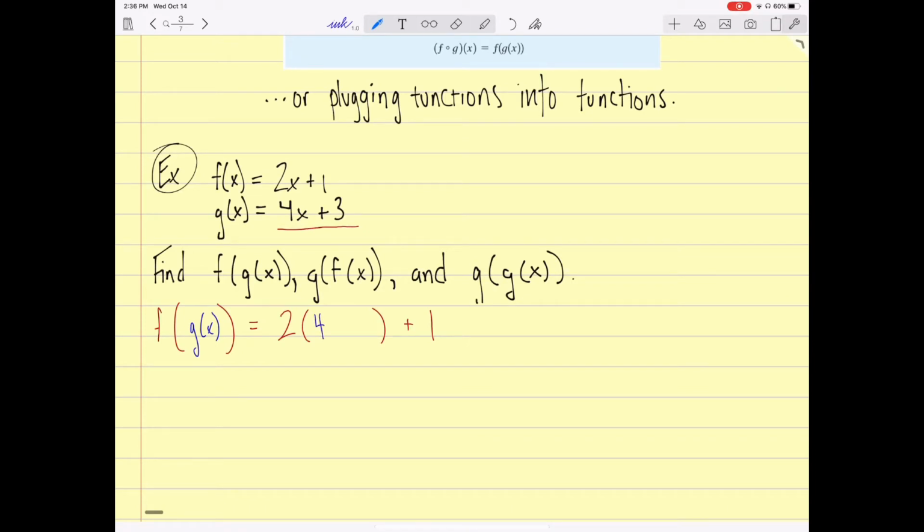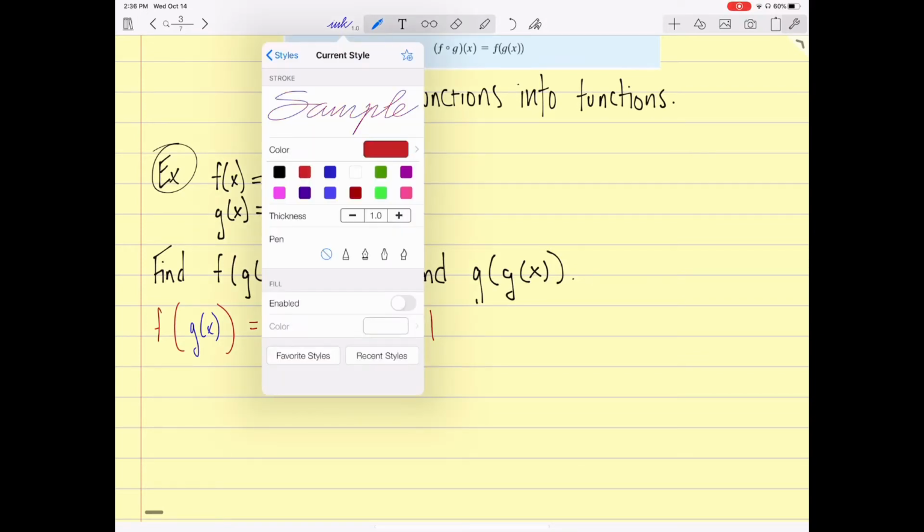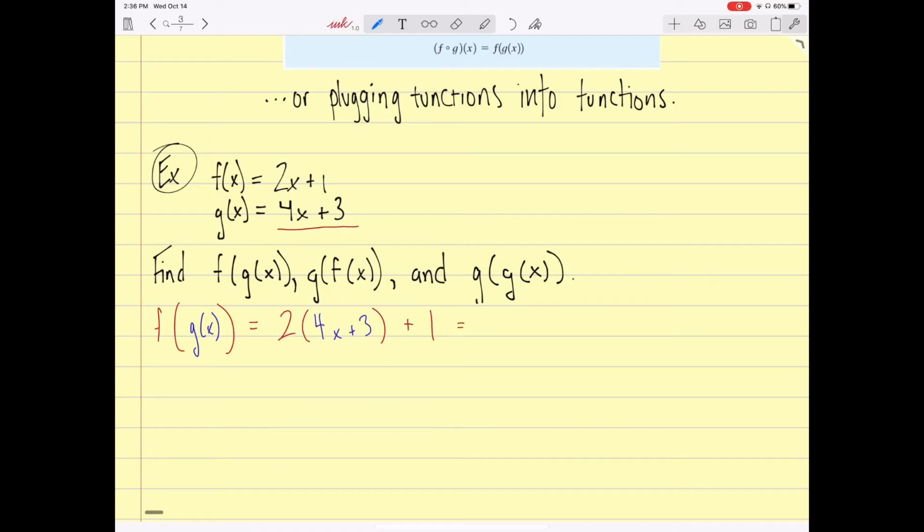So we have 4x plus 3. And then we simplify that. So we would get 8x plus 7 overall. So f of g of x is 8x plus 7.